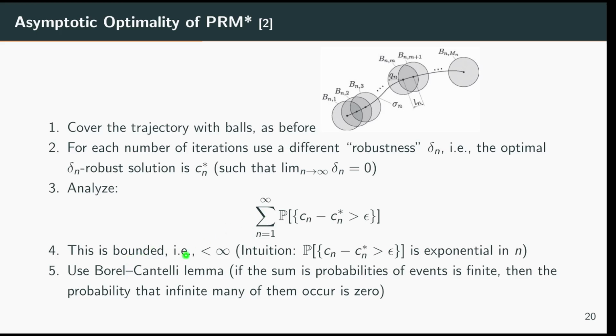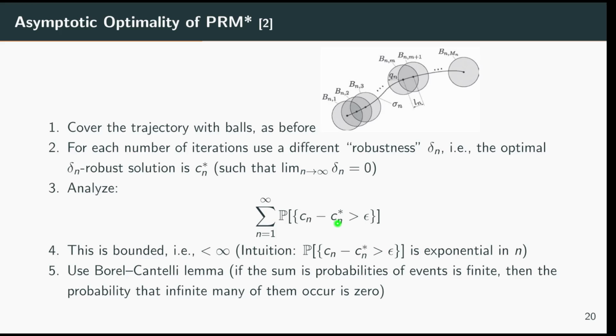And then basically the proof shows that this sort of sum is bounded. And then they use this special lemma to say, okay, this sum here is finite, then the probability that all of these are true is basically 0.